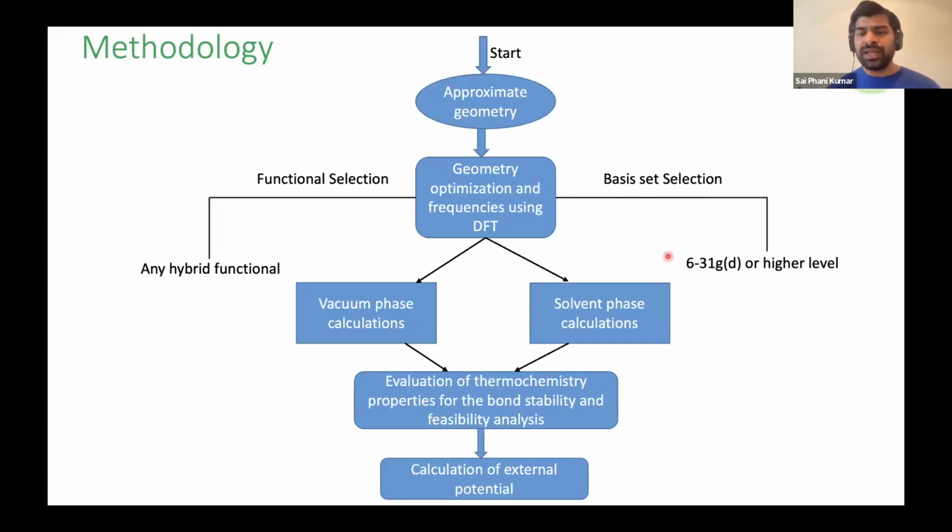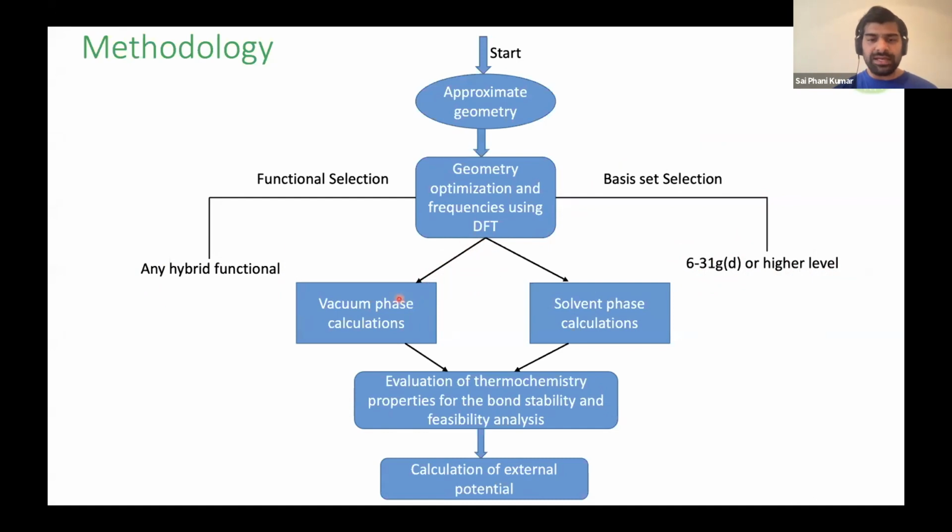It is also very important to choose the basis set. As of now we will stick to 6-31G(d), but we would like to move to a higher level basis set so that we can achieve more accurate properties and results.